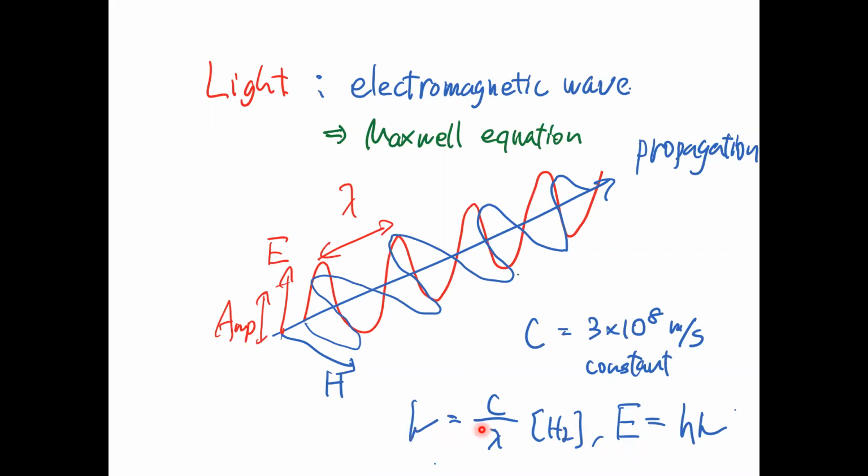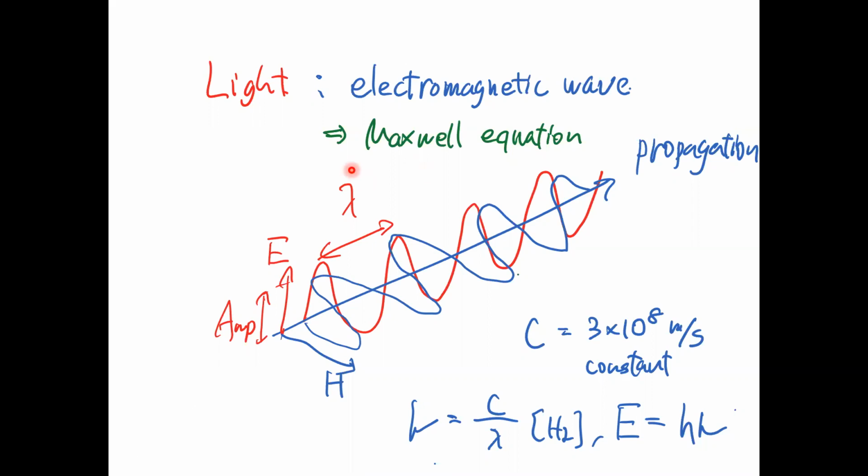The frequency is c over lambda, and the energy is equal to Planck constant times frequency, which is determined once you determine the lambda. So light itself has very limited parameters you can control. Actually, many of the variations of photo devices or photo processes are mostly determined by the materials side, because materials have many different properties and parameters.